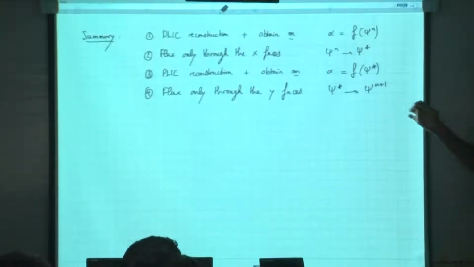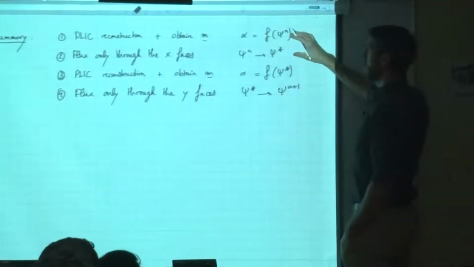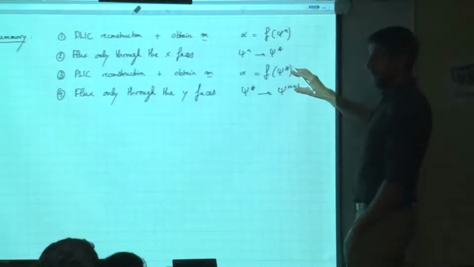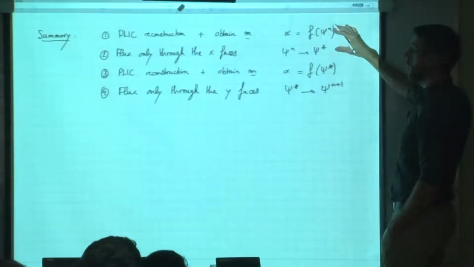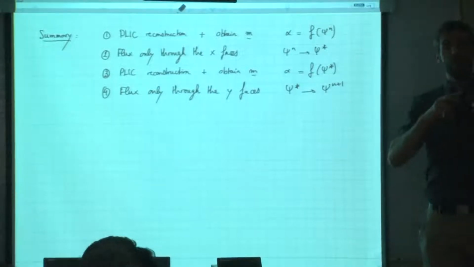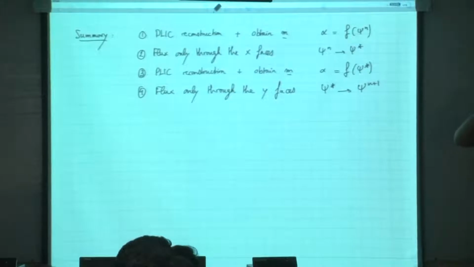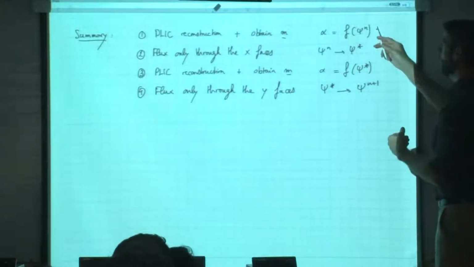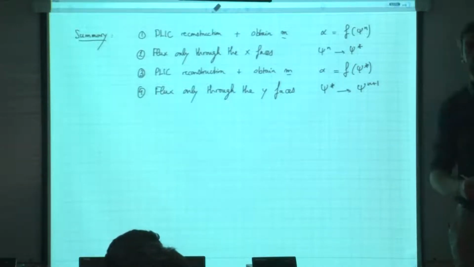Strang splitting tricks this into being more accurate by doing this, then this, and at the second time step, you start with this and go there instead. The result is as if you had a second order coupling for full time step integration. Basically, you're doing two steps of x one after the other, and then two steps of y one after the other.